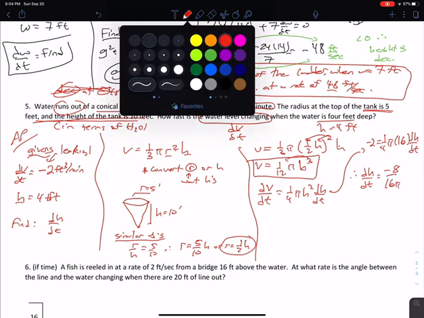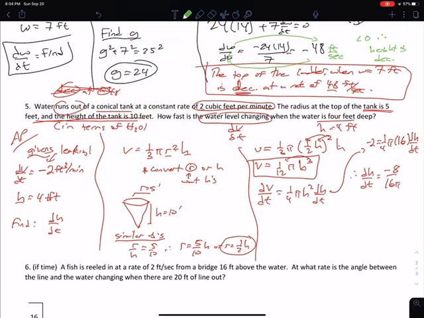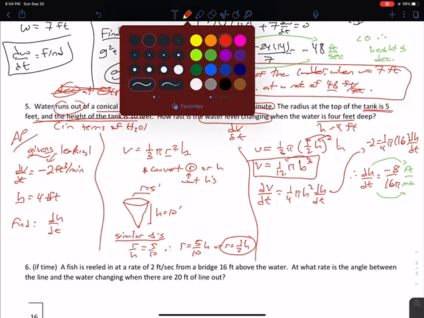Let's talk about units real quick. When we talk about the units, h is measured in feet and t is measured in minutes. So that's going to be -8 over 16 pi feet per minute. And now let's go ahead and write our answer.